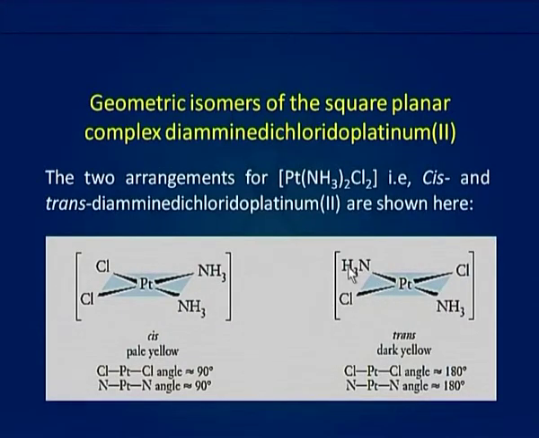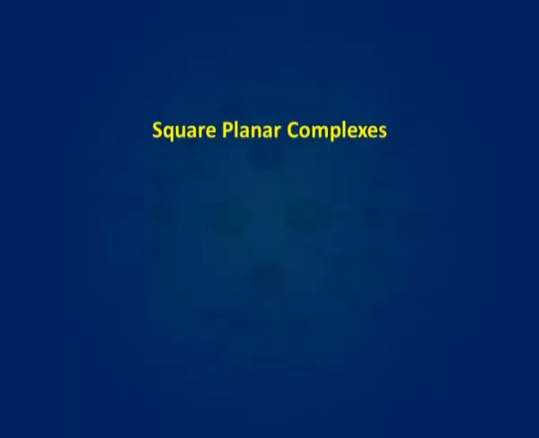In second one, the bond angles between two similar atoms are 180 degrees. Hence, this is trans isomer. The existence of two isomers of Pt(NH3)2Cl2 is evidence of a square planar geometry because the tetrahedral geometry would not give the isomers. The cis isomer has been used successfully in cancer chemotherapy. The trans isomer has no such activity.